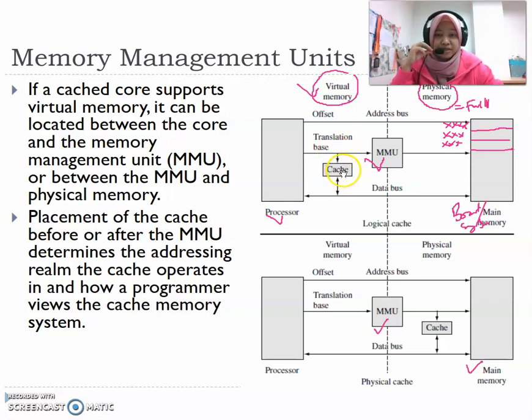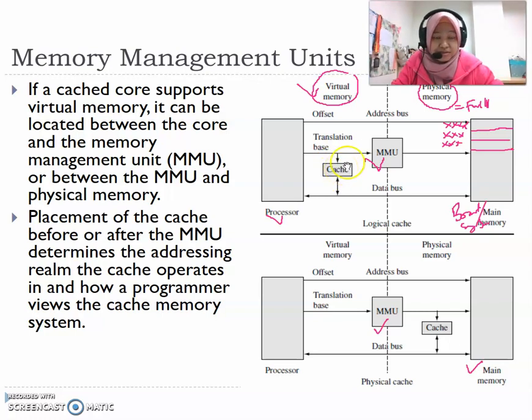If the cache core supports virtual memory, it can be placed between the processor and the memory management unit, as indicated in the upper figure over here. For this kind of placement, we call the cache a logical cache or virtual cache, because it supports virtual memory addressing.